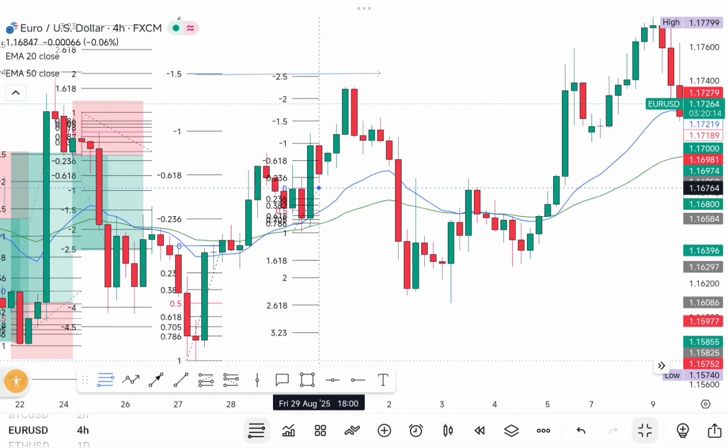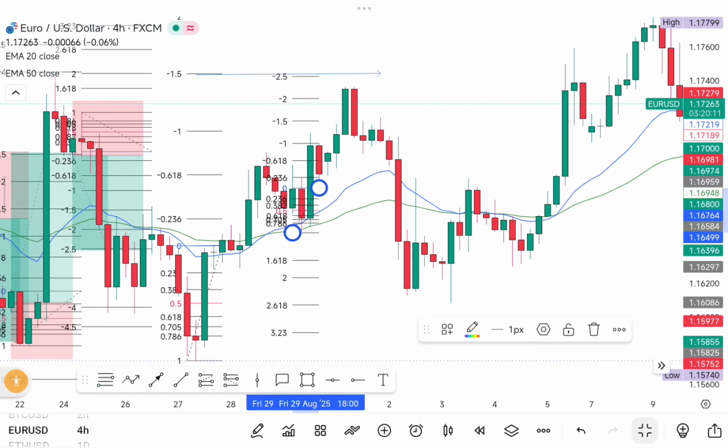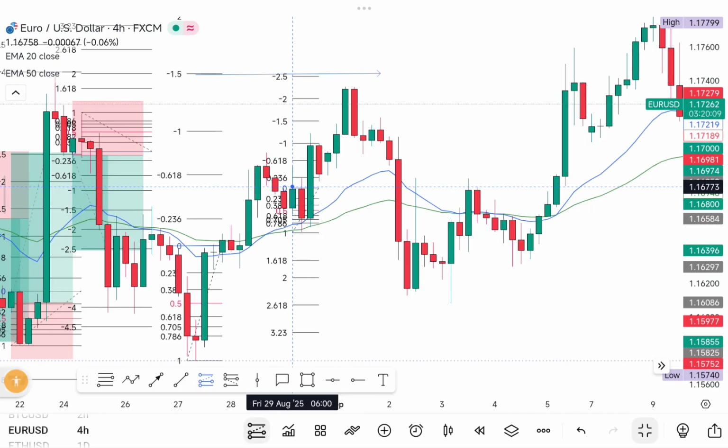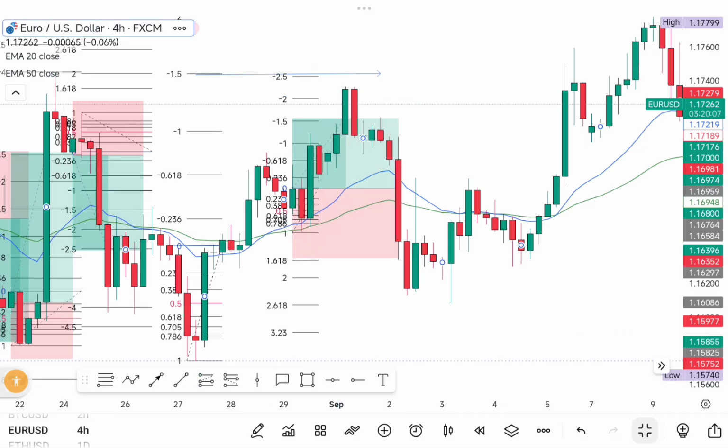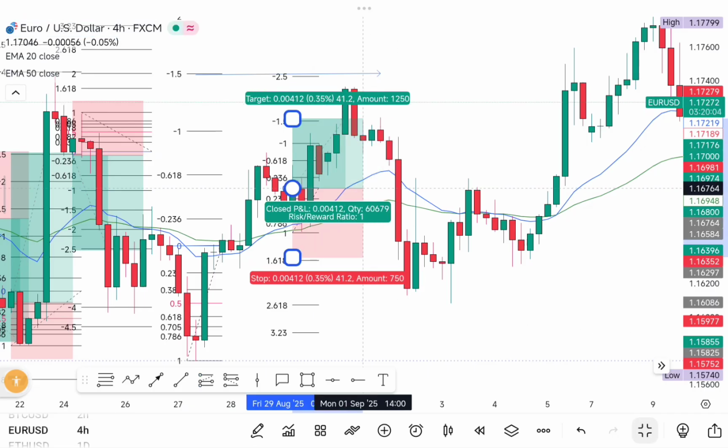That is the Fibo projection target. There you go, at the exact level of minus 1.5 Fibo level.